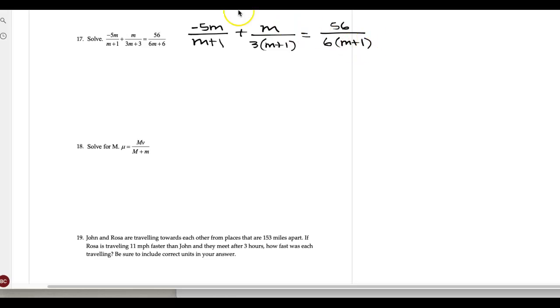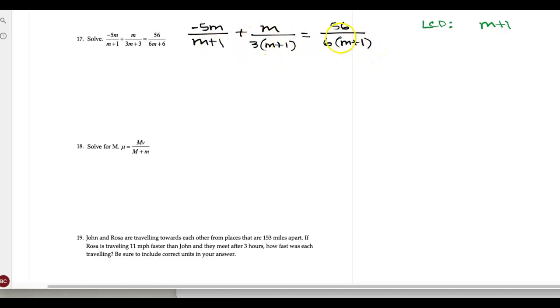Okay. So what is my LCD? Now it's in factored form, so I can find my LCD easier. The LCD needs to have every single one of these parts. I know that m plus 1 is part of it, and everything has an m plus 1 in it already.